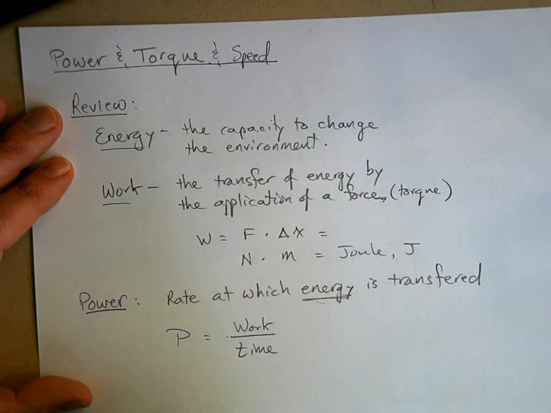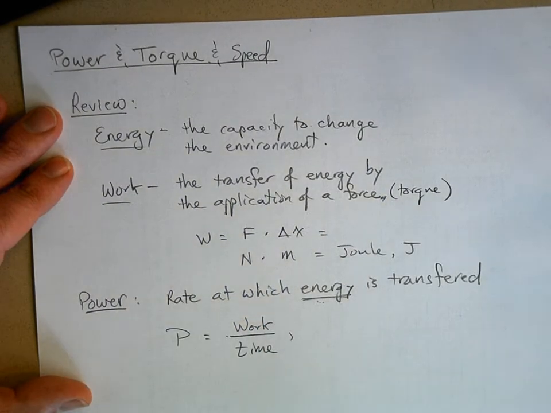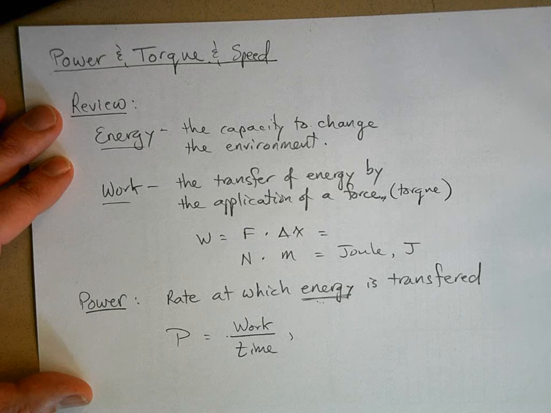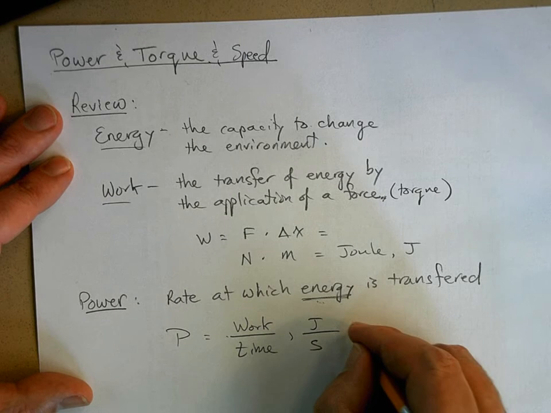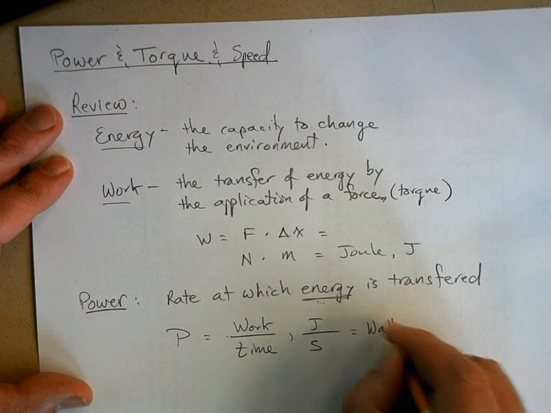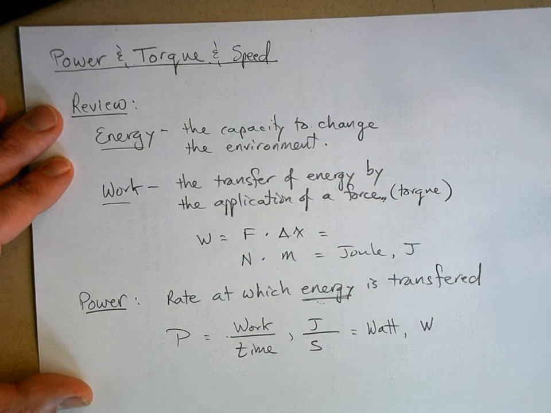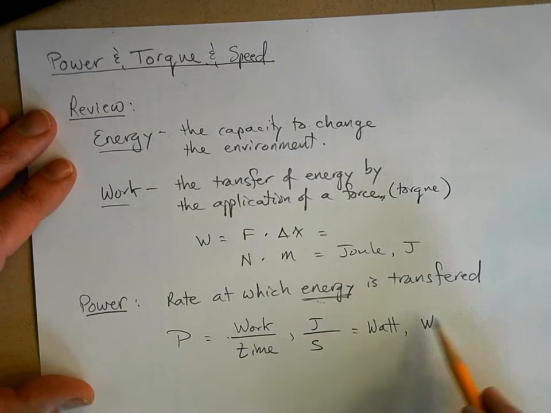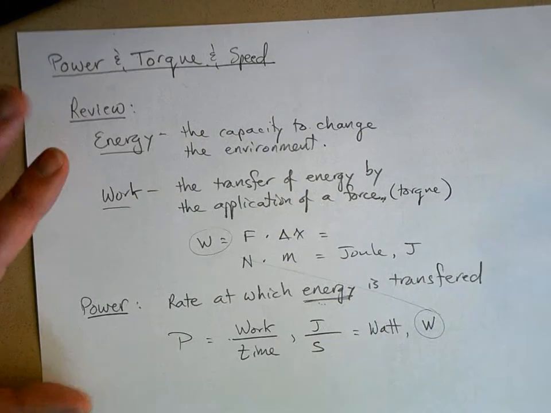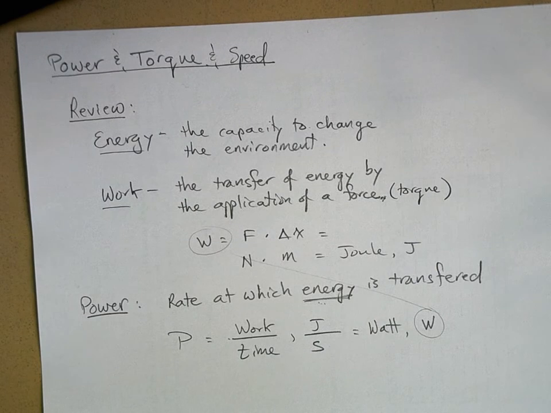over time. And what units did these have? I remember what it is. Don't you remember what it is? Watt. Yeah, it's an old joke. Joules per second, that's a watt, abbreviated with a capital W. Now, it's unfortunate that the unit for power is the same as the variable for work, but such is life, people.